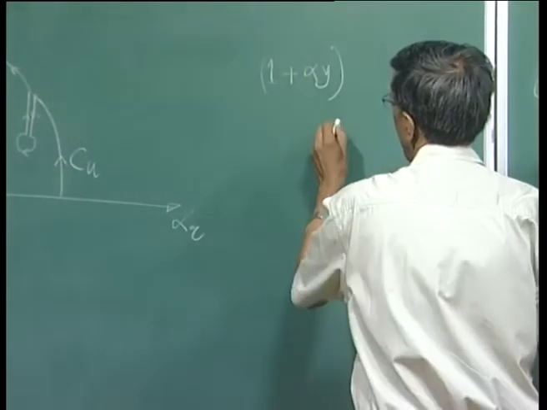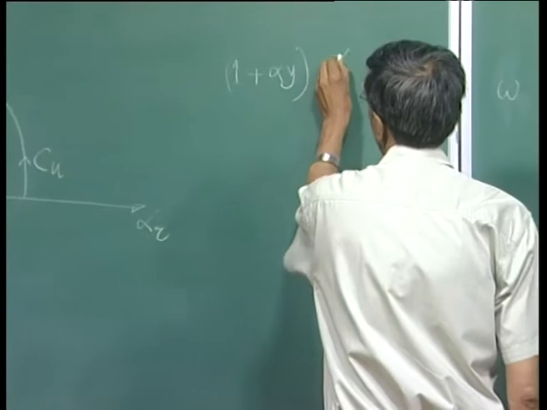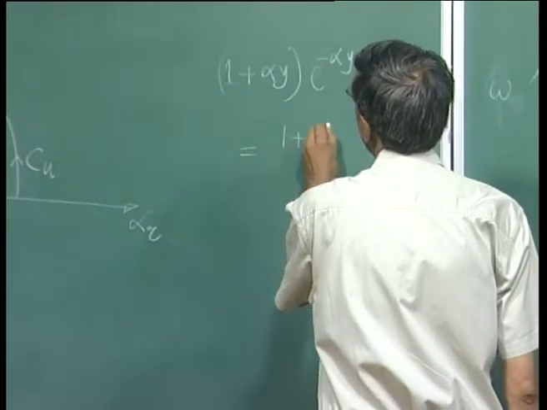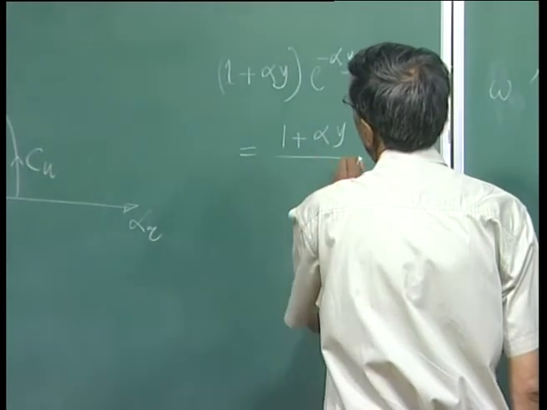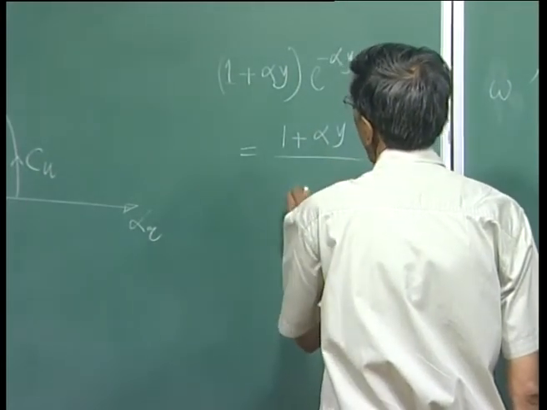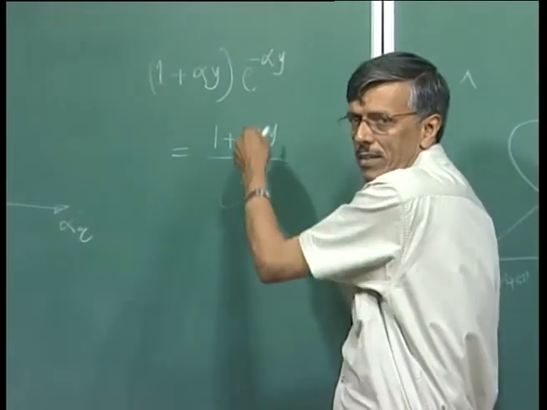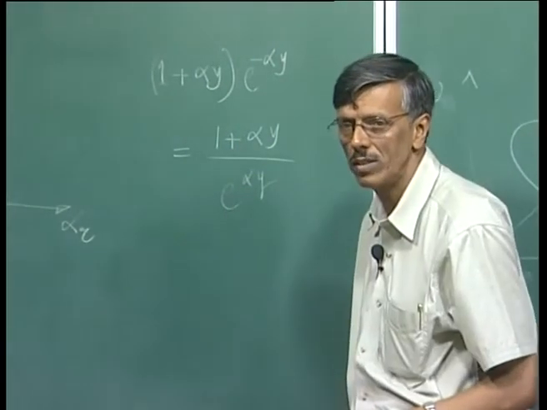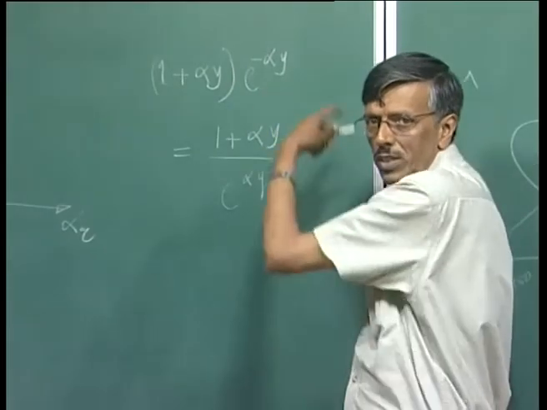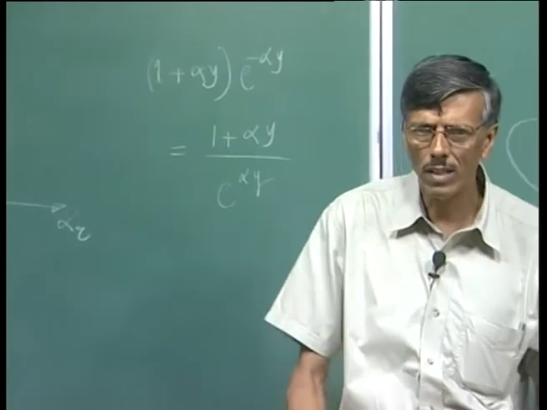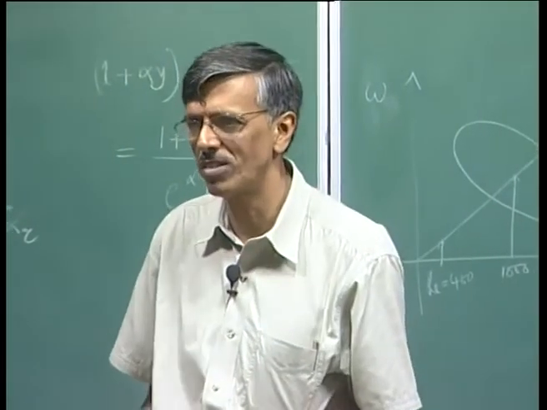Let's say for alpha real positive, this is like this. So I can write this as 1 plus alpha y, e to the power alpha y. So can we say the denominator's order is more than 2 orders more than the numerator? That's what we are saying, that it does not satisfy the condition of Jordan's lemma.